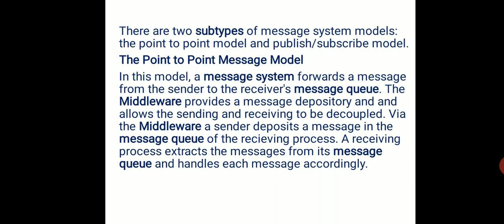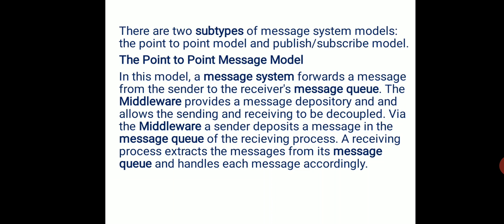The middleware provides a message depository and allows the sending and receiving to be decoupled. Via the middleware, a sender deposits a message in the message queue of the receiving process. A receiving process extracts the messages from its message queue and handles each message accordingly.